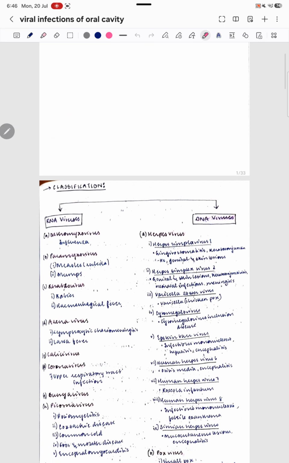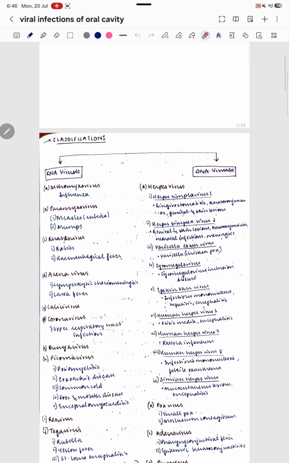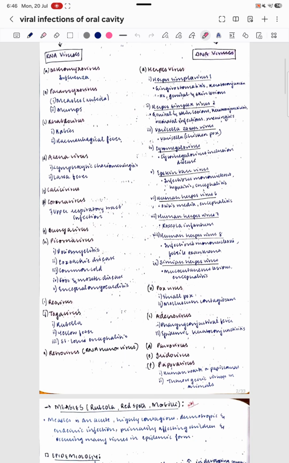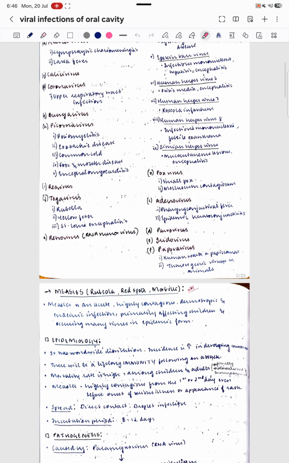Then varicella zoster, cytomegalovirus, Epstein-Barr virus, pox virus, adenovirus, parvovirus, papovavirus.